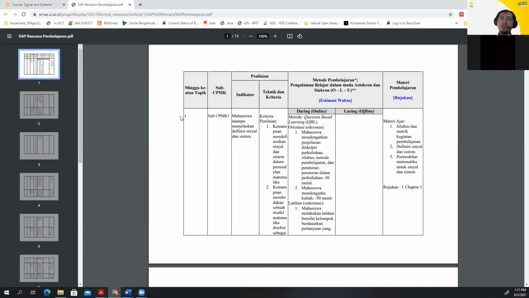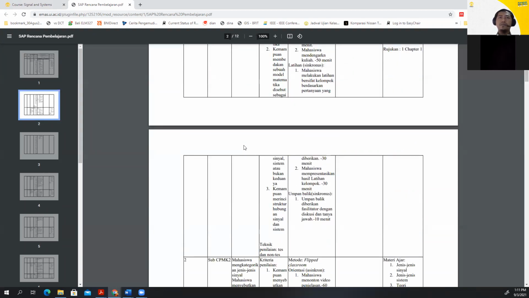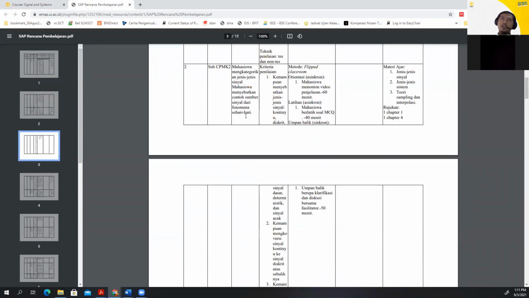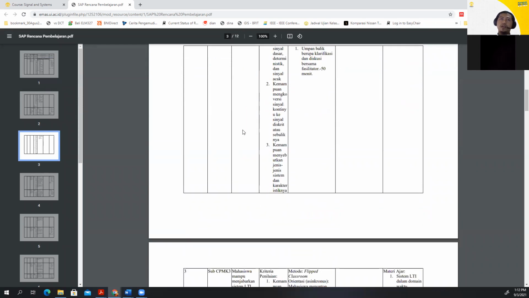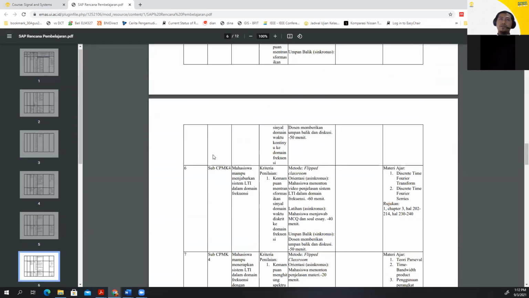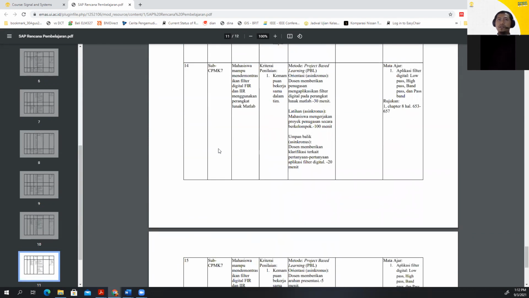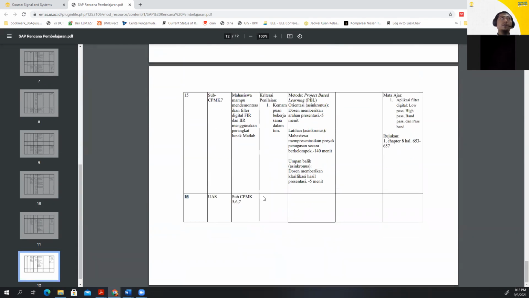The first week, we will discuss this sub CLO, or CPMK. The indicator is that the student is able to explain the definition of signal and system. Next the second week, third week, fourth week, fifth, until the final 16th week. At the end of December, we expect that this class will be finished.